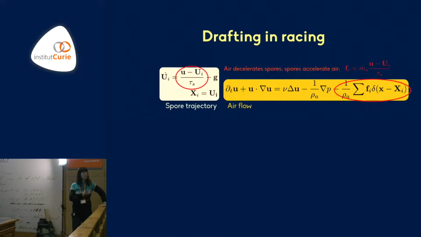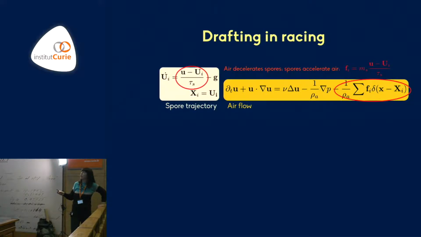And we're going to assume that at time 0, there's no forcing, so the air is completely still. The only thing that will inject into the simulation will be the initial velocity of the spores. So how does that make the fluid move? This is the suggestion from the second row.